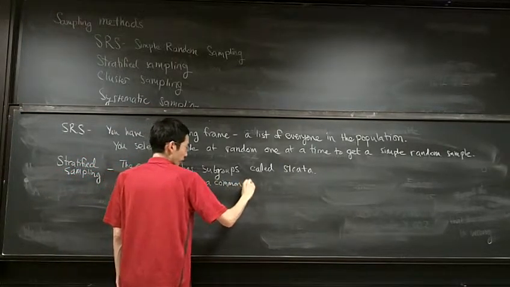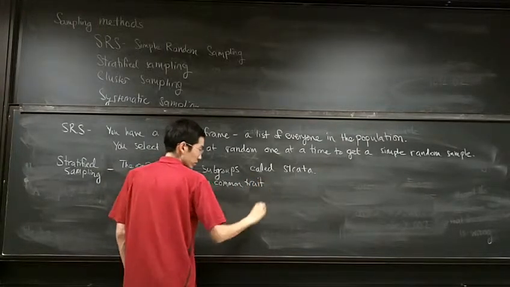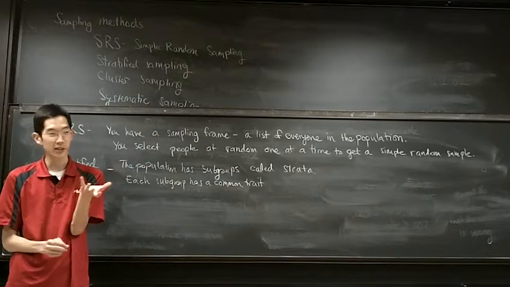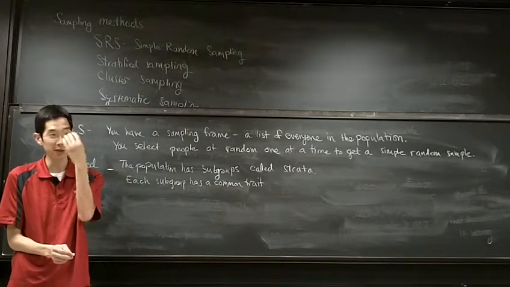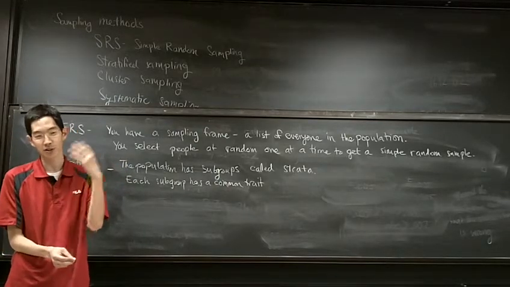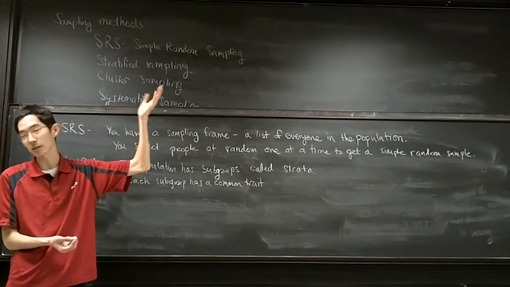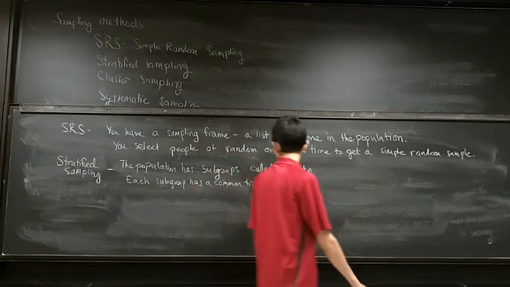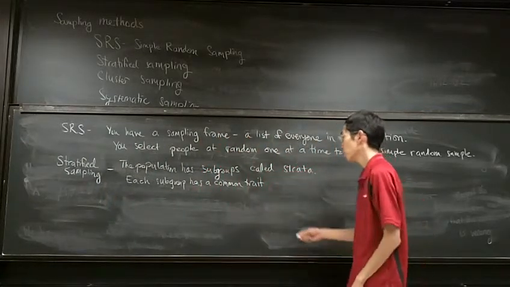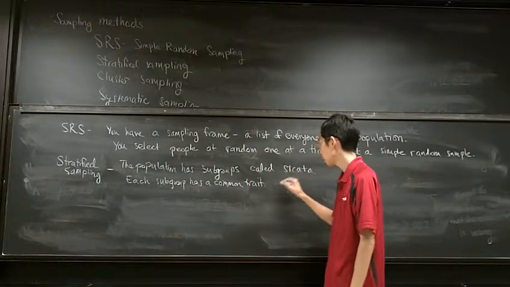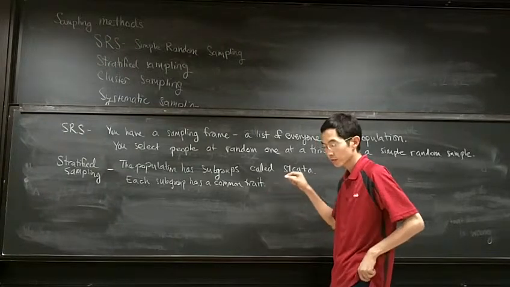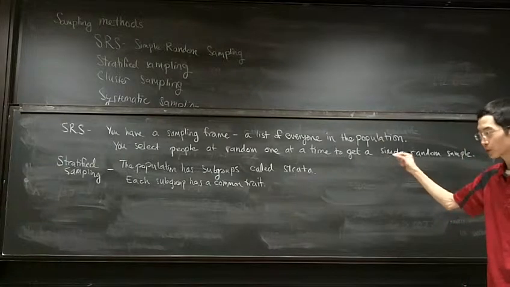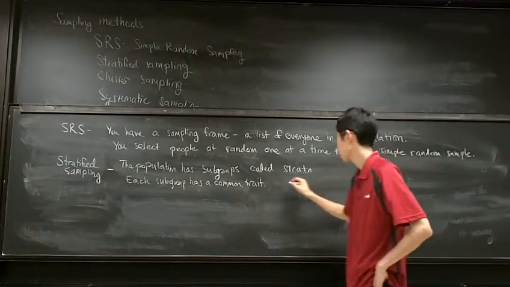So things like, you might have subgroups determined by gender, or you might have subgroups determined by race, or subgroups determined by some other variable, okay? Another common trait. Each subgroup has a common trait, and we know the proportions of each subgroup in the population.